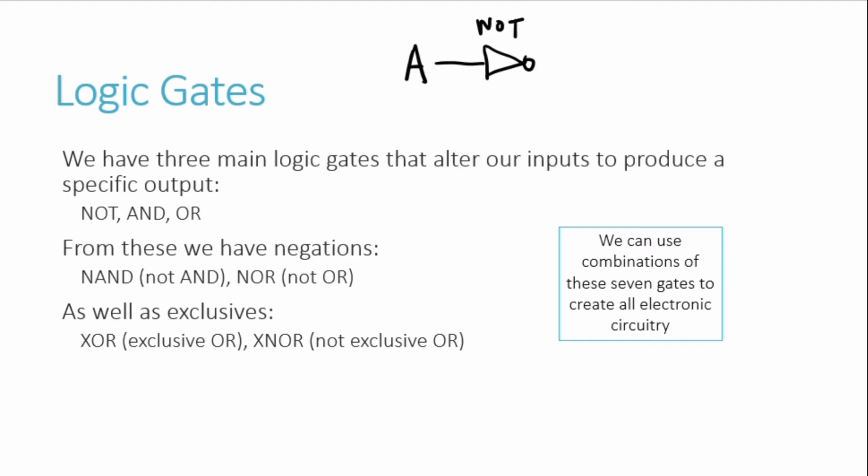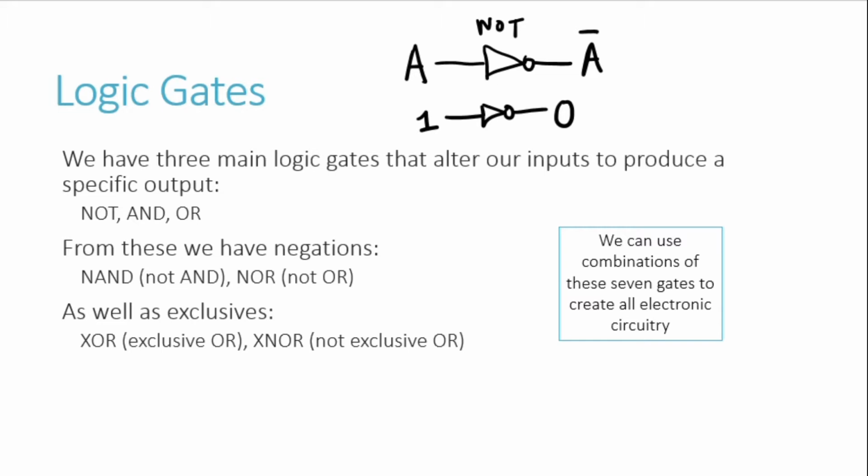I'm going to label it NOT. When you send an input A through a NOT gate, what you get out is not A. We represent that in Boolean algebra with a little bar on top of an A. So that's a negation, or the inverter, if you will. If I had a 1 coming into a NOT gate, my output is a 0.